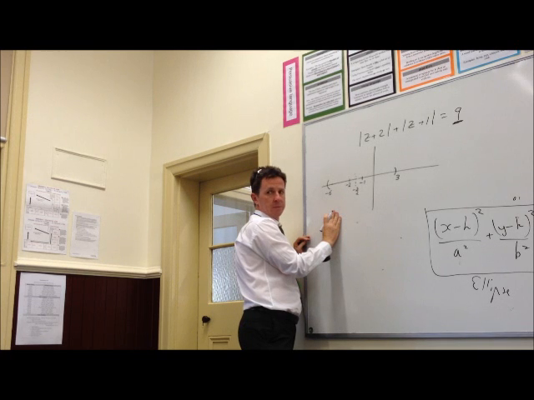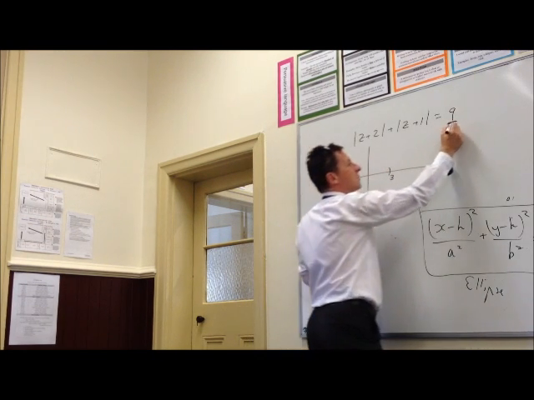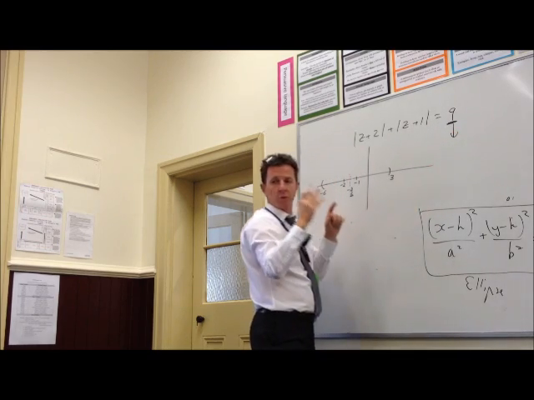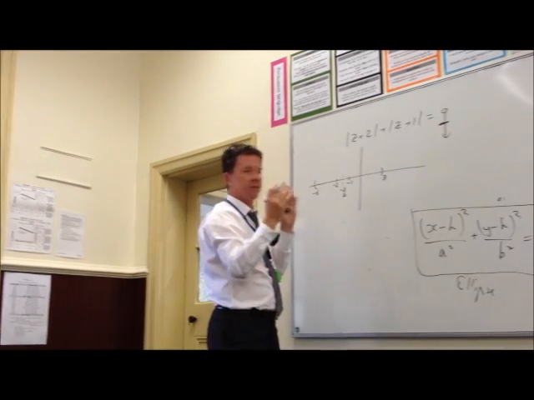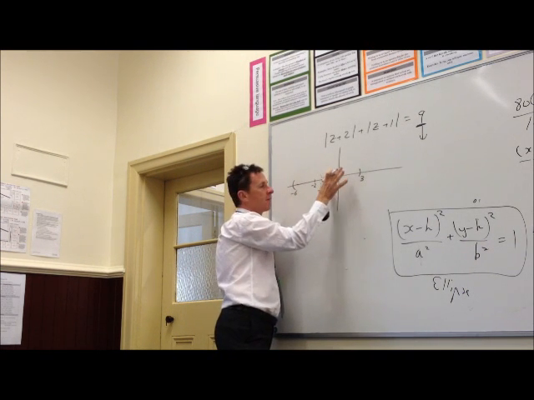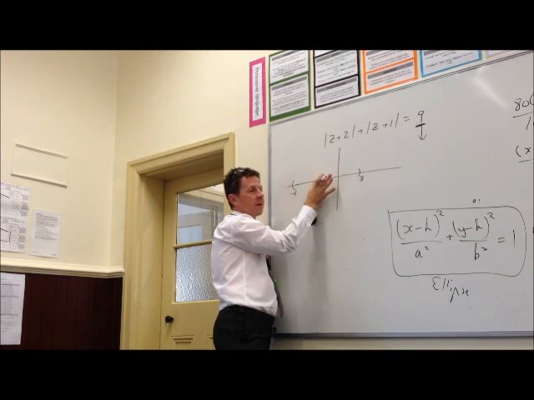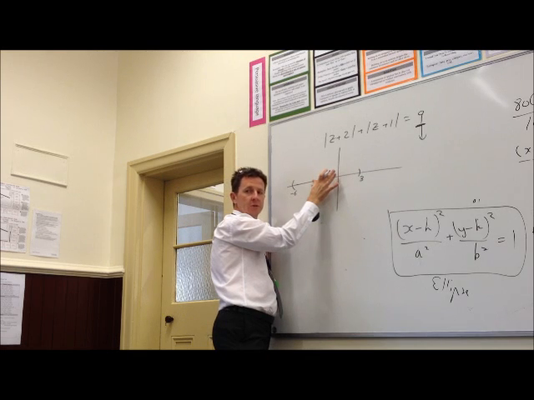So what are you adding to the centre? Half of this. You look at whatever that number is and you do half of it either side. Because think about it, if I was standing here, how far am I away from there? 4 units. And you're standing here, how far are you away? 5 units.